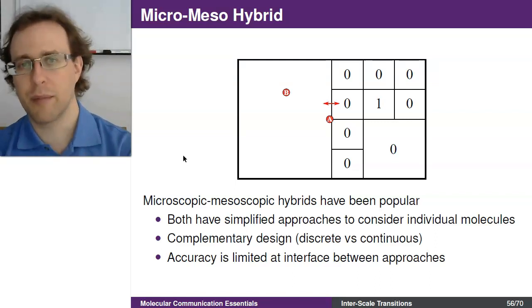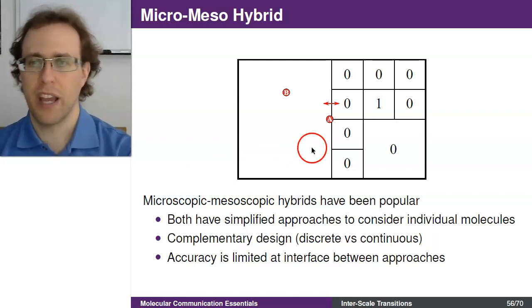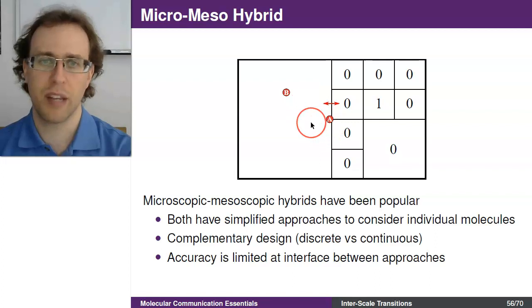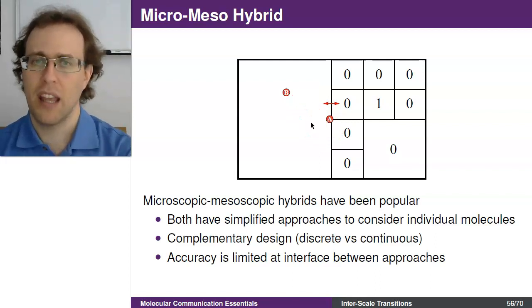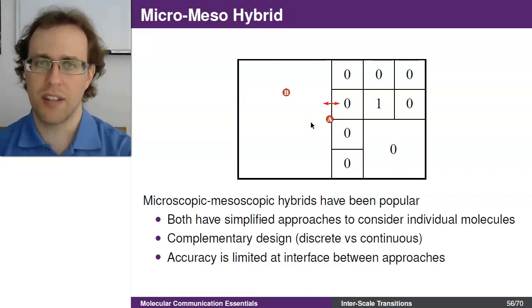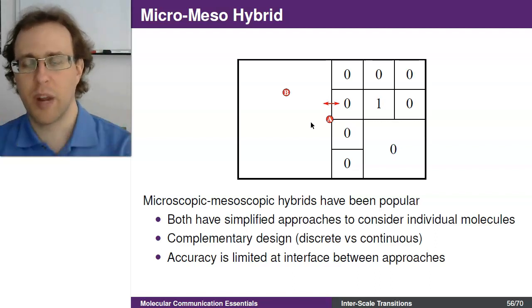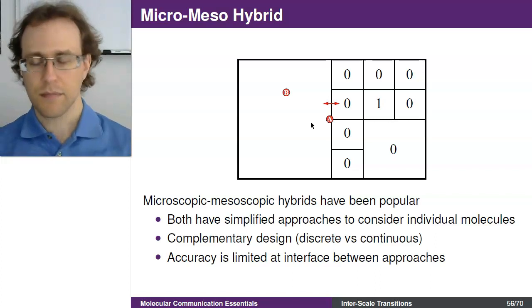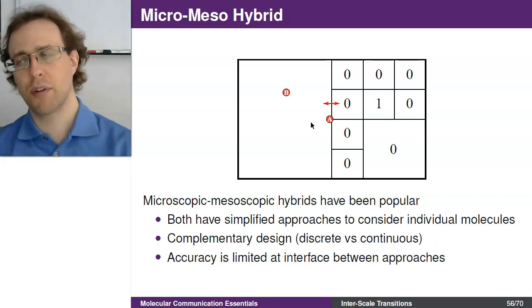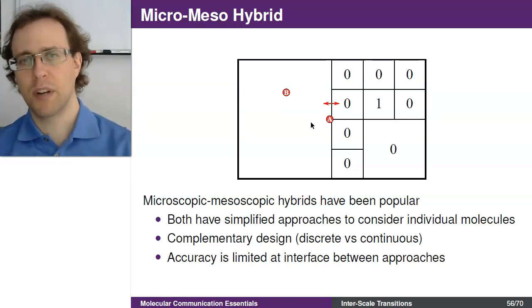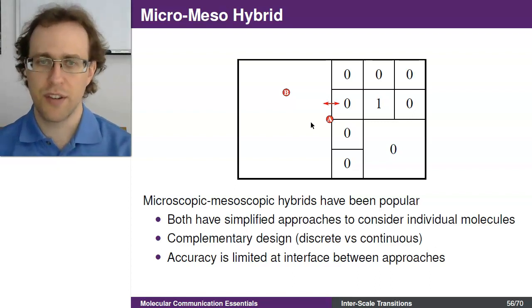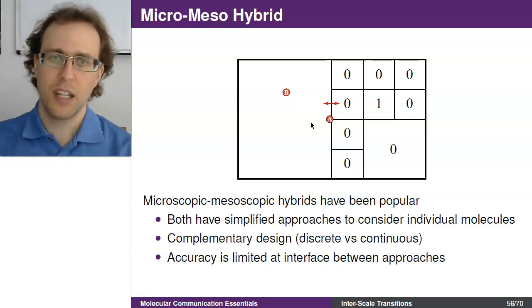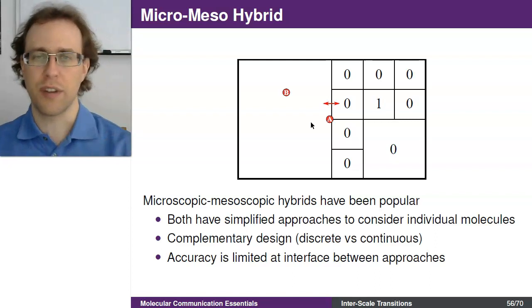The limitation of hybrid approaches is when you have the interface. You need to have transitions between microscopic and mesoscopic regimes. And because these are defined in fundamentally different ways, the accuracy at this interface is going to be limited. So if you do try to use a hybrid approach, you want to be aware that you don't have these transitions between the two regimes too close to a place of interest.